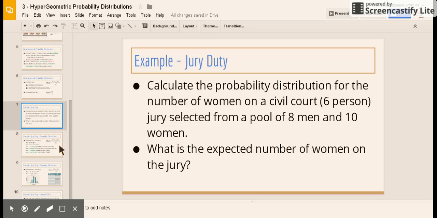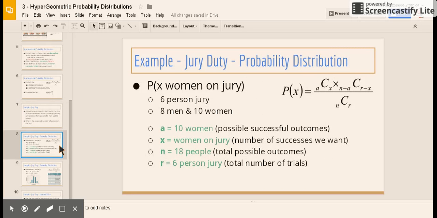So first of all, our probability distribution. We have a 6-person jury. I'm choosing from 8 men and 10 women. So A is 10. It is the 10 women, the possible successful outcomes. X is the number of women on the jury. This is the number of successes we want, because this is a full probability distribution.